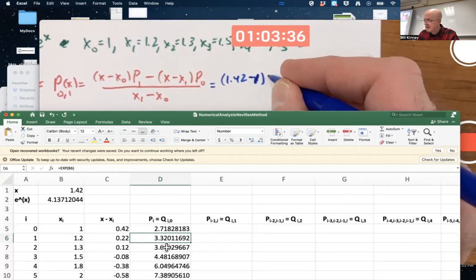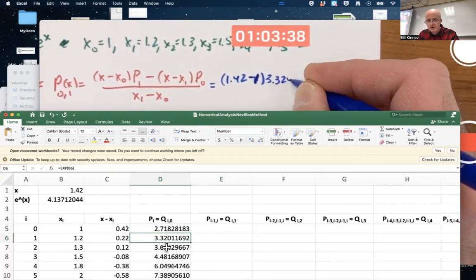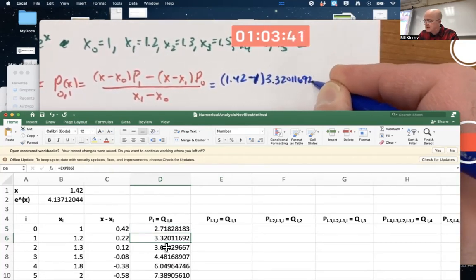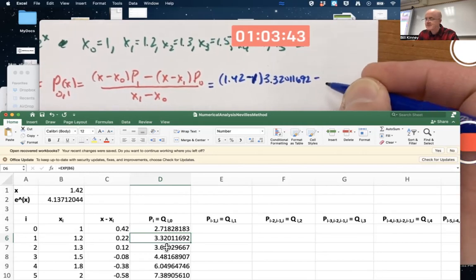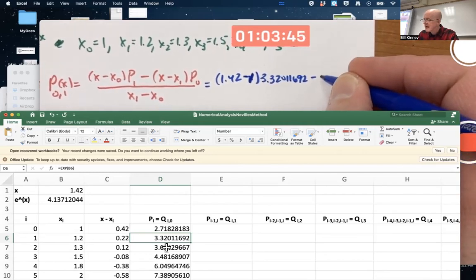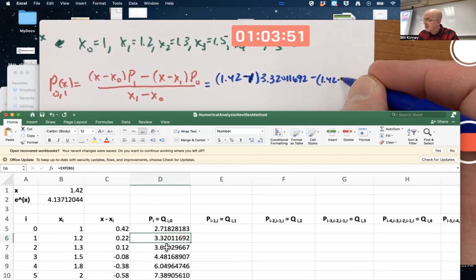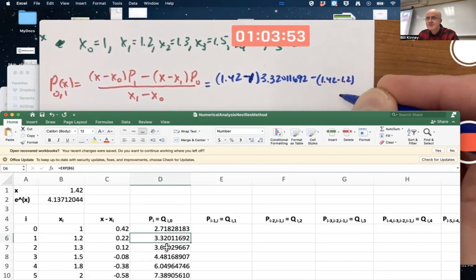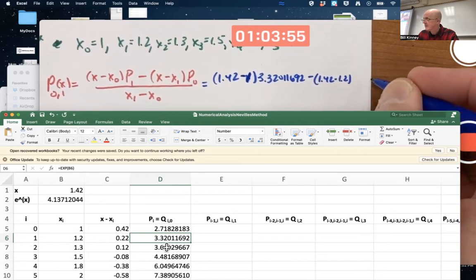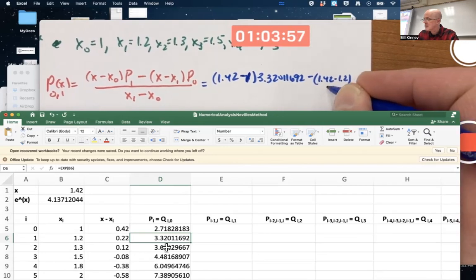P1 is the 3.320111692 minus, running low on room here, 1.42 minus x1, which is 1.2. I can't keep writing to the right here, so I'll go off my paper. You can keep writing to the right on your paper.